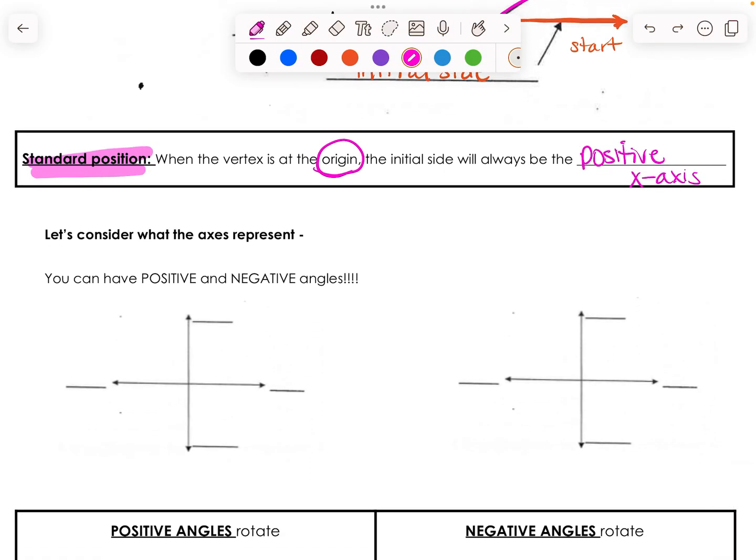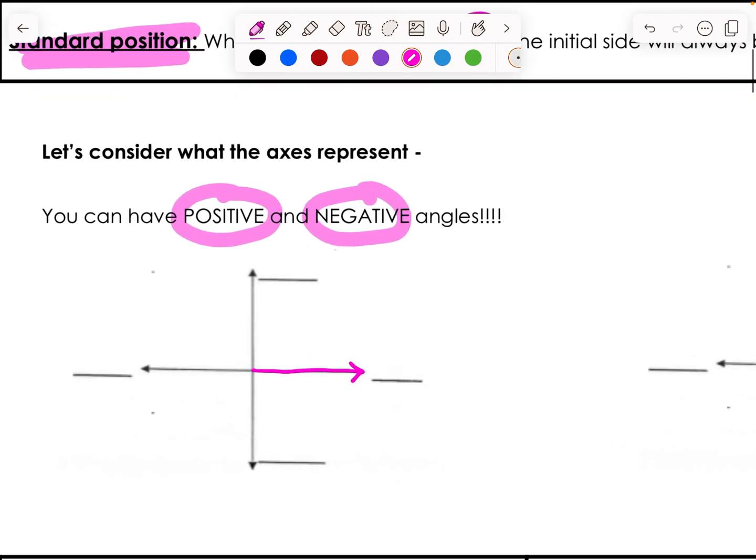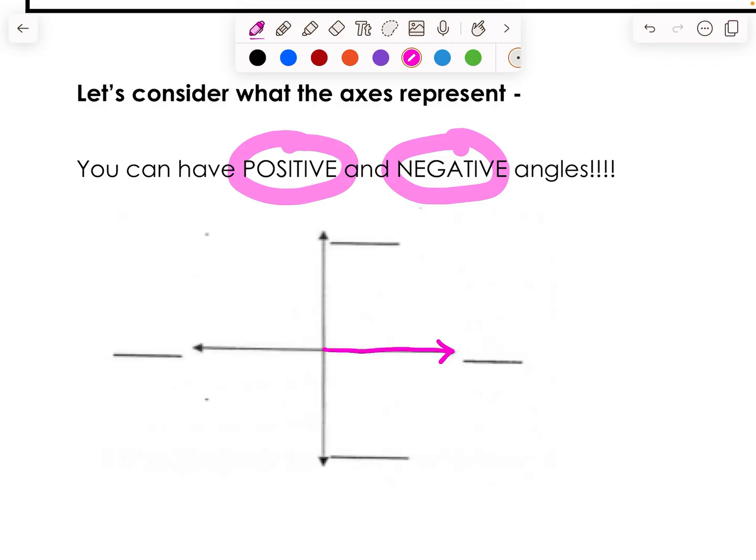All right, so when you see something like this, we are going to have both positive and negative angles. We are always going to start here. If this is my start, I do actually have 0 degrees.